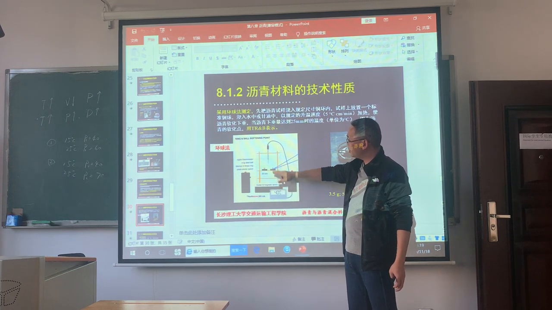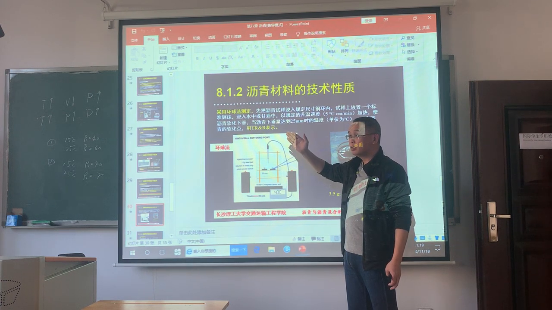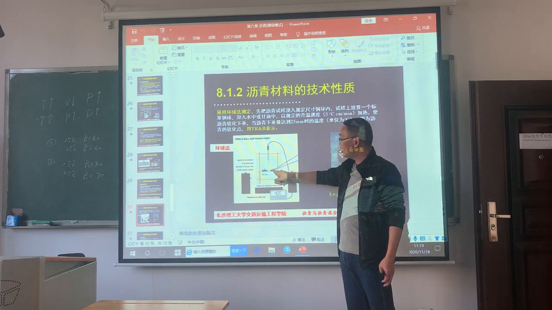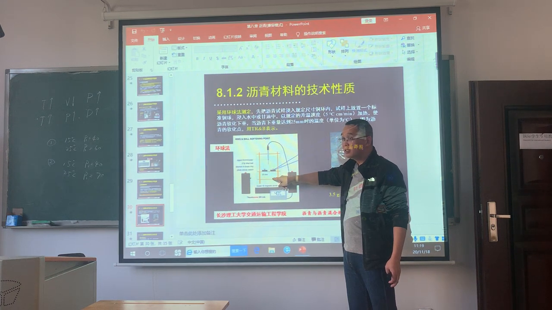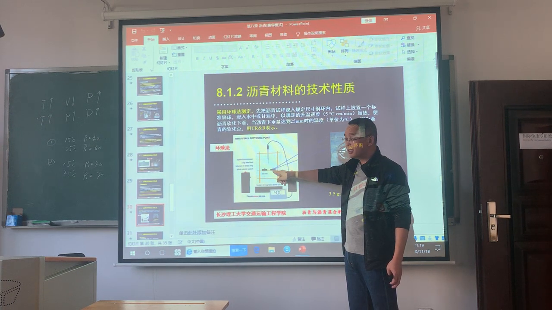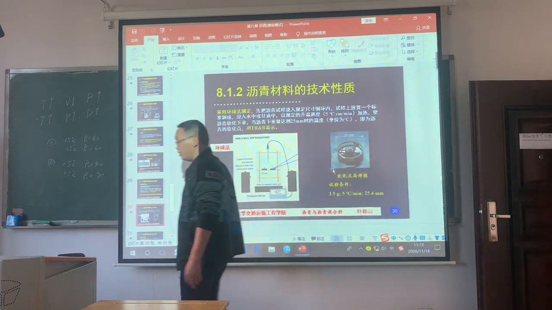When we heat it, the temperature of the water also increases, and then the asphalt will soften and the steel ball will drop down with the asphalt. When it contacts the base, that temperature is the softening point.